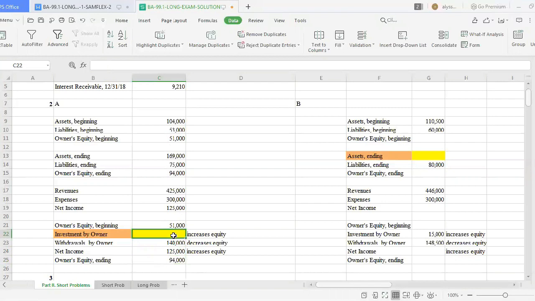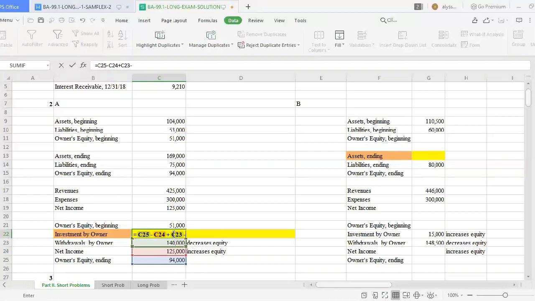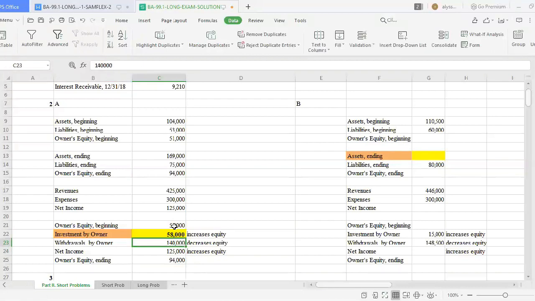To get the amount, we add the owner's equity and then less it with the net income. Since again this increases the equity, when we compute it, we subtract it. And withdrawals, it decreases, so we add. And then again we subtract the beginning. So the final answer is 58,000 investments by the owner.